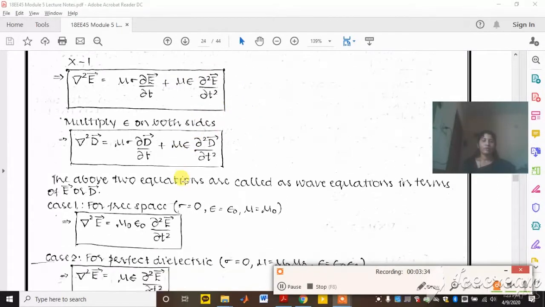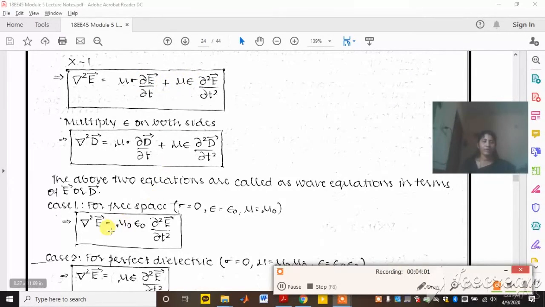In case of free space, conductivity is equal to 0, mu is equal to mu naught and epsilon is equal to epsilon naught.